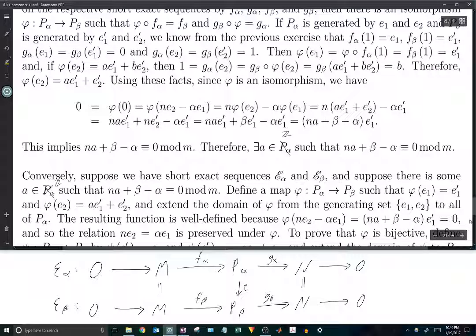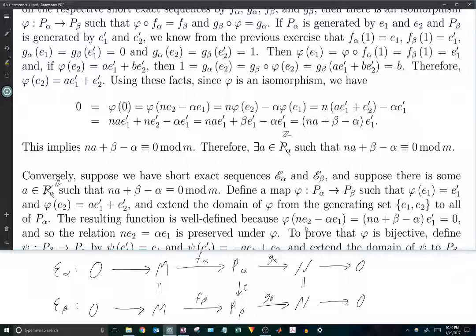Because phi of this equals 0, that means that nE2 minus alpha E1 is mapped to 0. Right, because if nE2 minus alpha E1 was not mapped to 0, then it wouldn't be well defined.